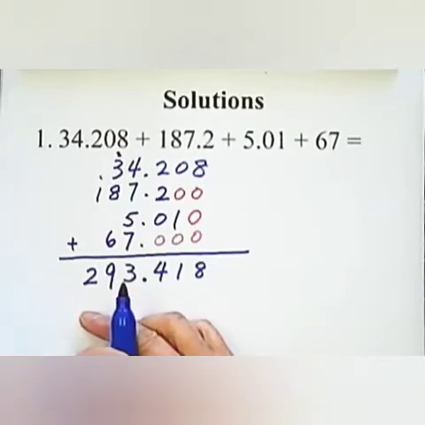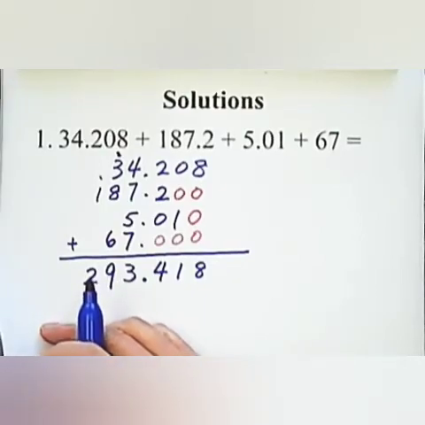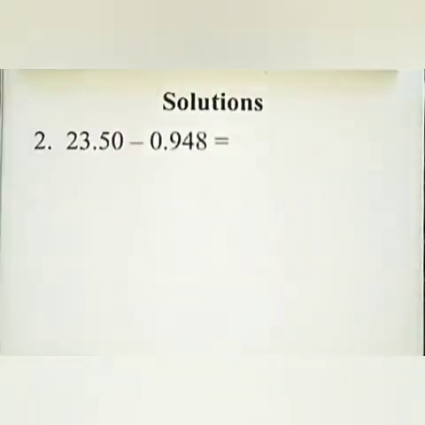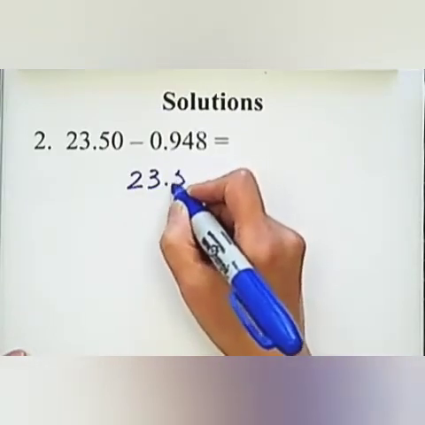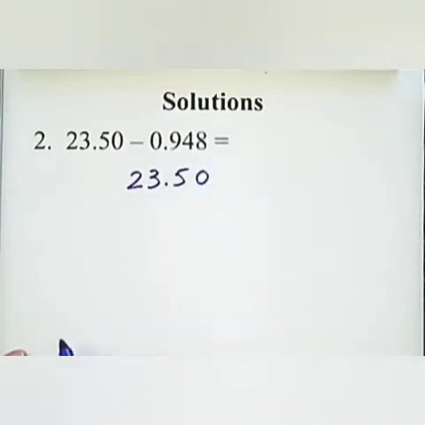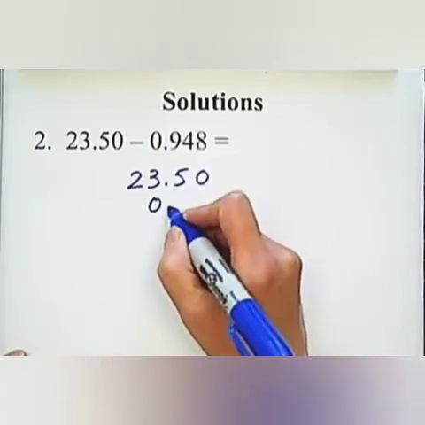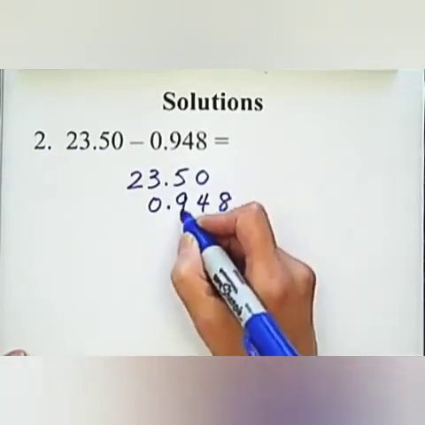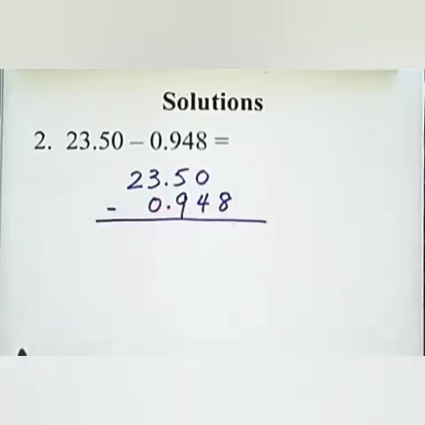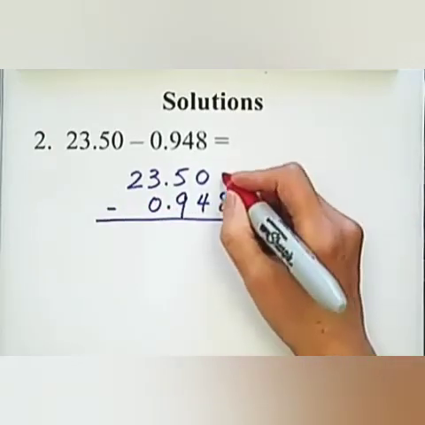The second solution is subtraction. 23.50 subtract 0.948, add a 0.